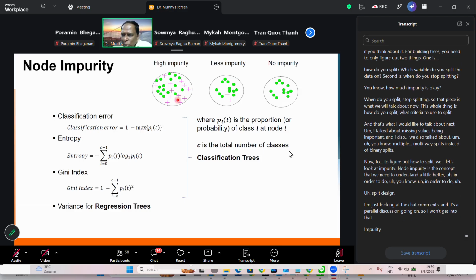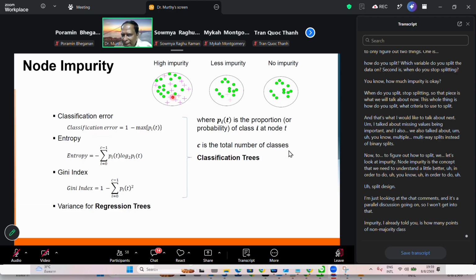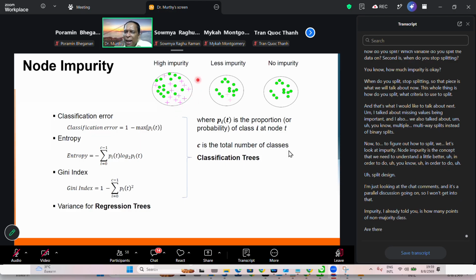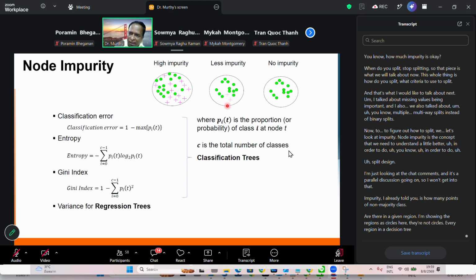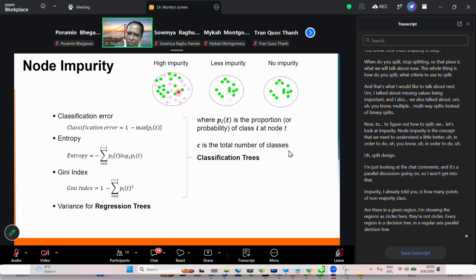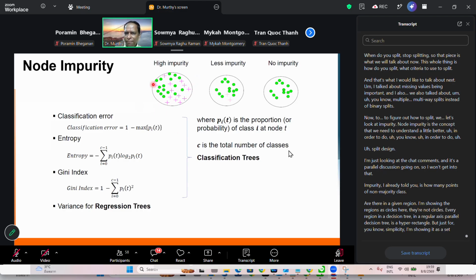Impurity, I already told you, is how many points of non-majority class are there in a given region. I'm showing the regions as circles here. They're not circles. Every region in a regular axis parallel decision tree is a hyperrectangle. But just for simplicity, I'm showing it as a set, like a Venn diagram.